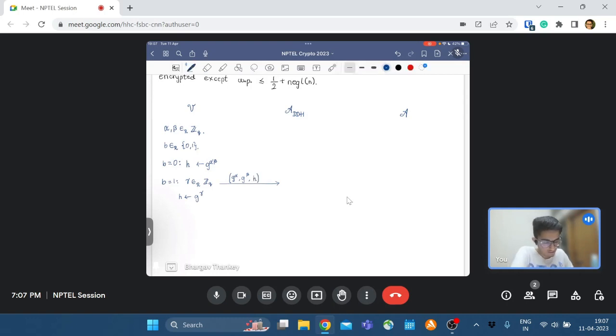Now what does the DDH adversary do? The DDH adversary forwards this to the adversary. Let me first compute C1 and C2.